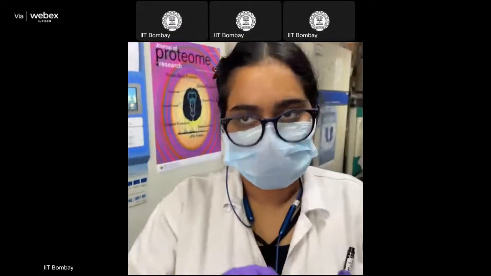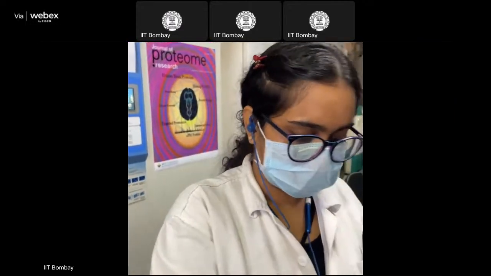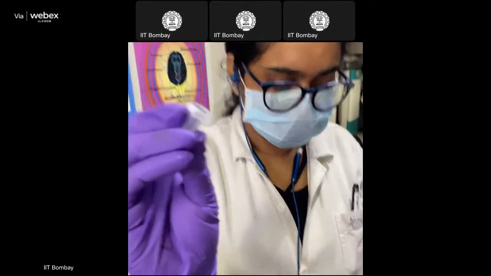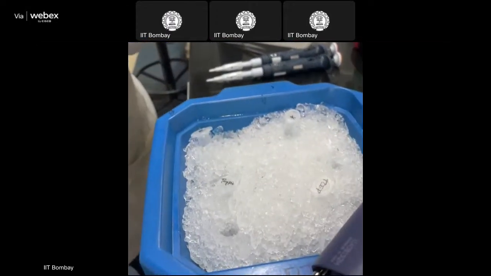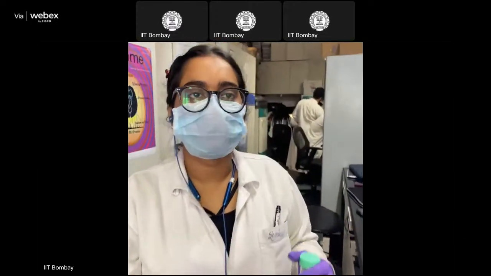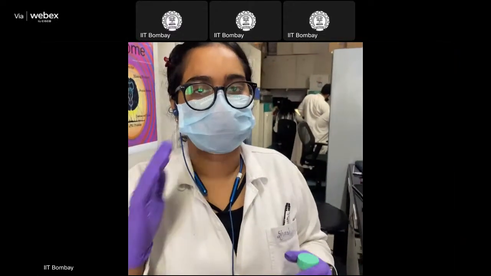After adjusting the pH, you can add the trypsin to the sample according to your ratio. Usually we do a 1:30 ratio digestion. If you are taking 30 μg of protein, then you add 1 μg of trypsin to your sample.